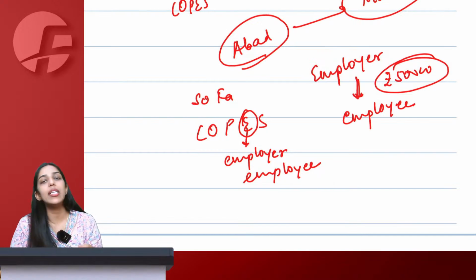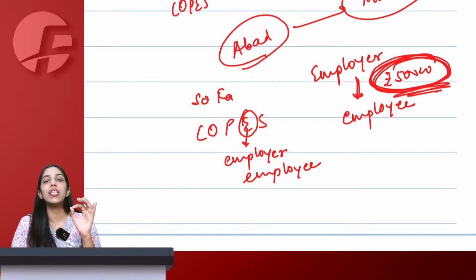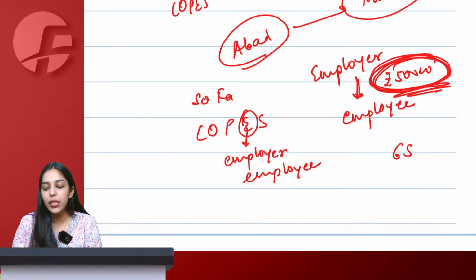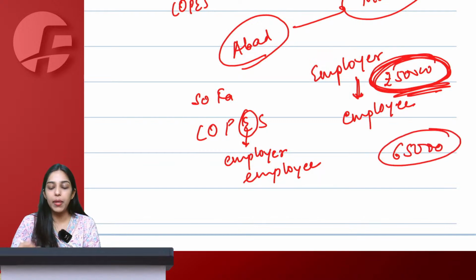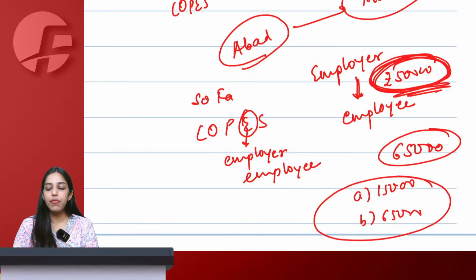If the employer is gifting something to an employee up to 50,000 rupees, it is not considered as supply. But let's say I gifted a mobile phone which is worth 65,000 rupees. Tell me, question number 1, will the supply be of worth 15,000 or will the supply be of worth 65,000?